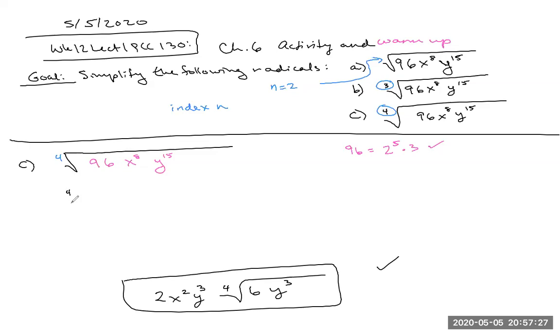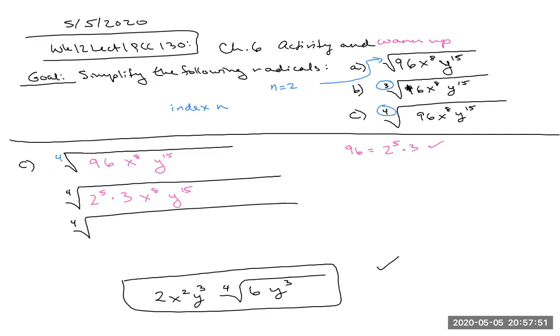So we have 4th root of 2 to the 5th times 3 x to the 8th y to the 15th. So you want to break the twos up so that you have groups that are divisible by 4. So we're going to put 2 to the 4th and then times 2.